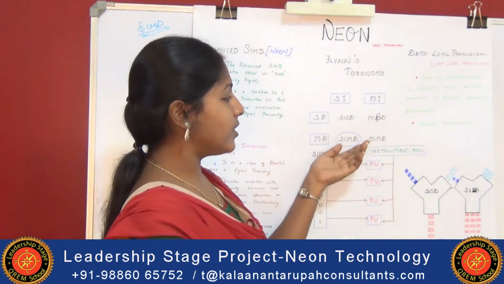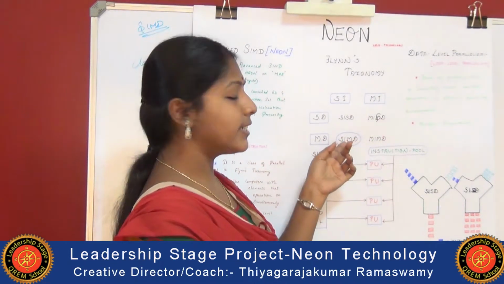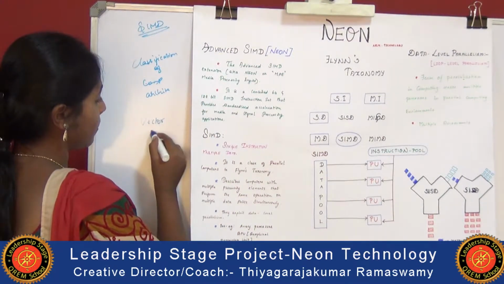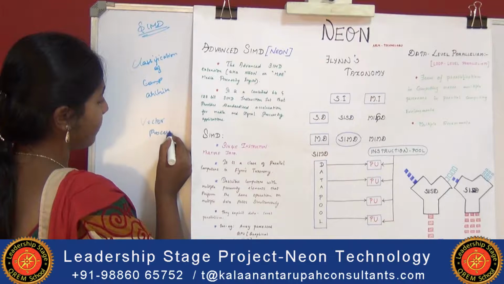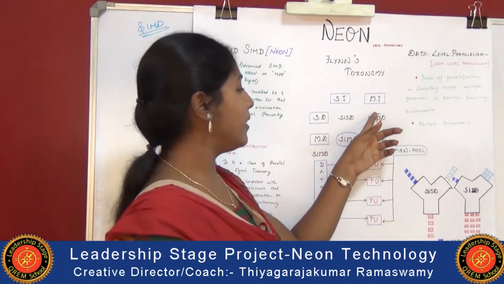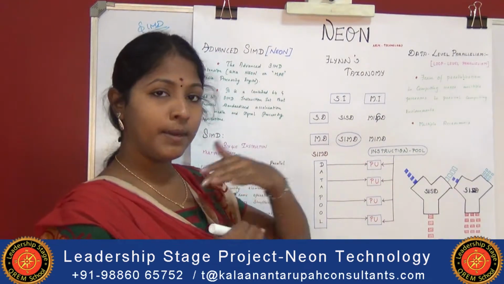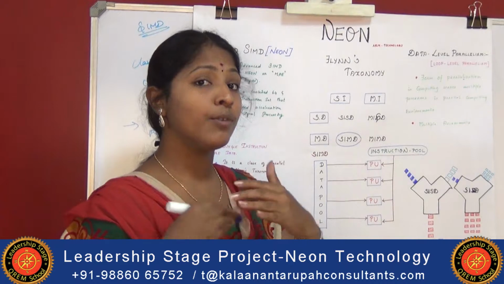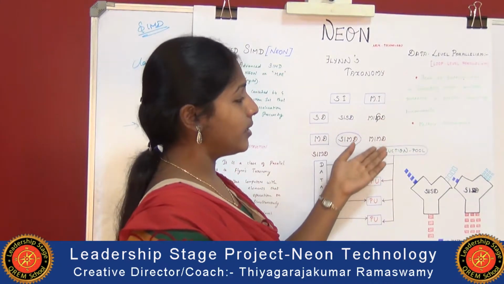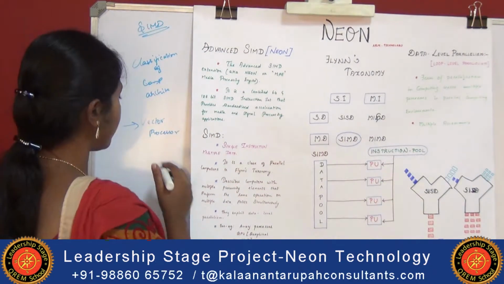This is the main thing used in NEON technology, and an example for SIMD is a vector processor. And this is MIMD, multiple instruction, multiple data. Using multiple instructions, multiple data can be accessed to perform multiple operations. An example of MIMD is a multi-core processor.